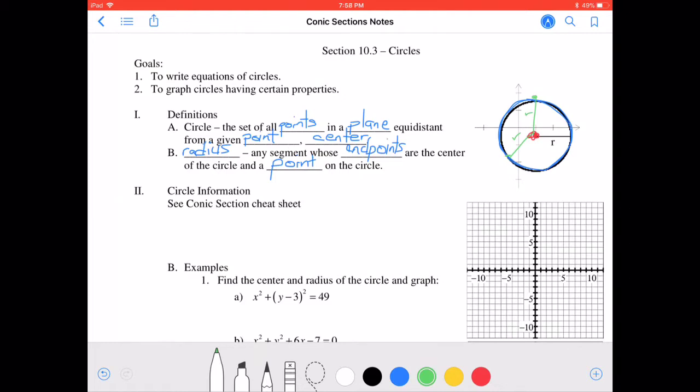So the next section, we're going to be talking about how to get all of the information out of an equation or out of a graph and go in between the two, graph to equation or equation to a graph. So what we need to know is what our standard form looks like, or what our equation looks like for a circle.